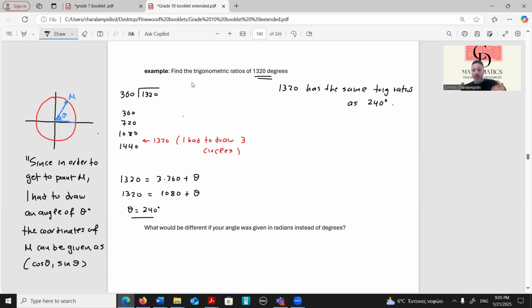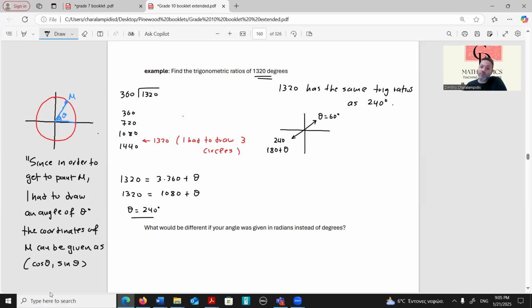We just need the trigonometric ratios of 240. We have already seen how we work on these cases. 240 is obviously on the third quadrant. Since it's on the third quadrant and I'm working with degrees, it can be written as 180 plus theta, which makes it obvious that theta should be 60 degrees.